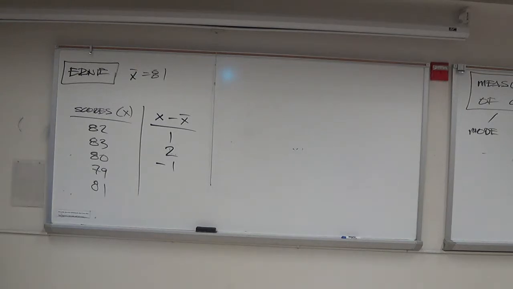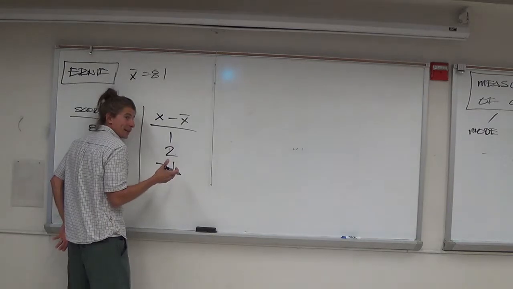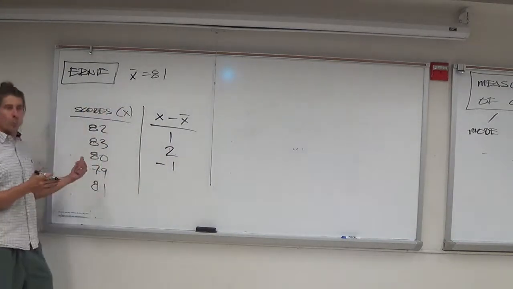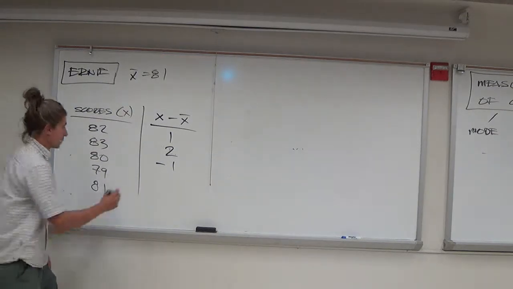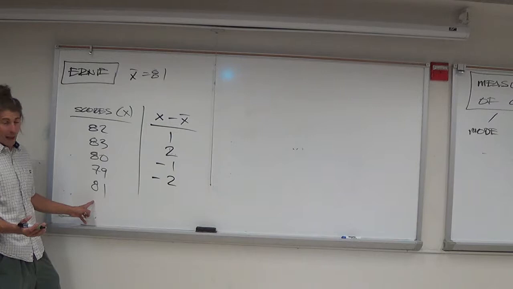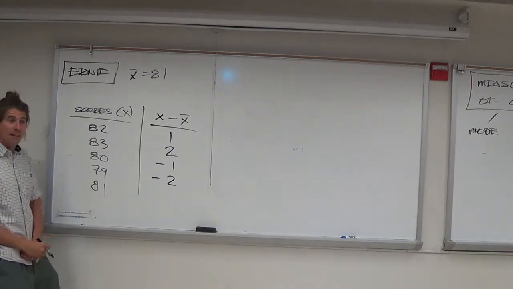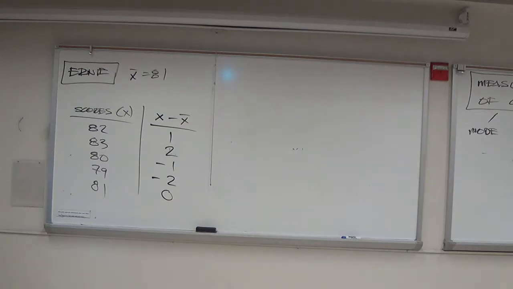It's down 1 from average. Which means if you just had the list of deviations, you could tell where these data points lie with respect to average. 79 minus 81? Down 2. 81 minus 81? 0. Right at average. We've taken our first step towards what's called normalizing data.